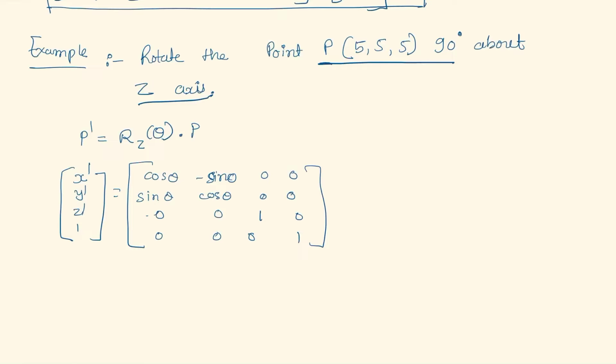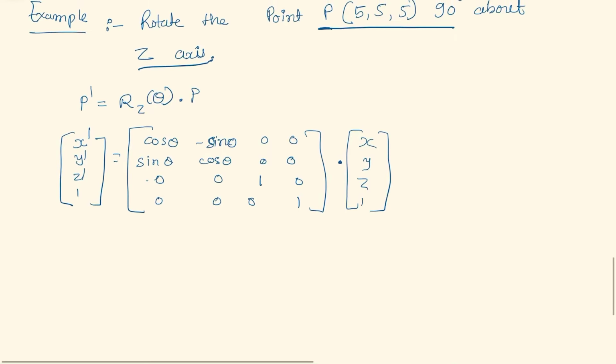This is for rotation about z axis, right? Into [x y z 1]. Now plug the value of the point into this formula.